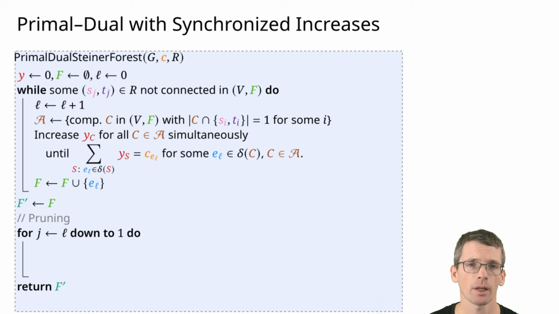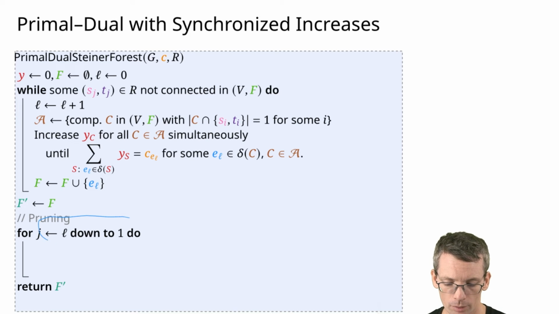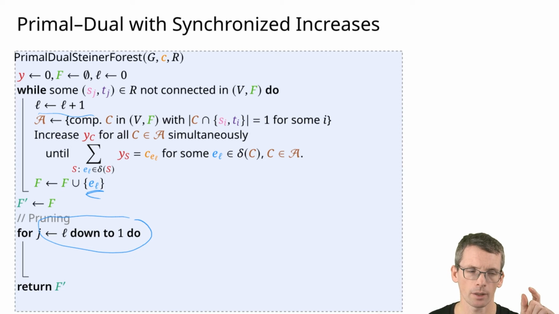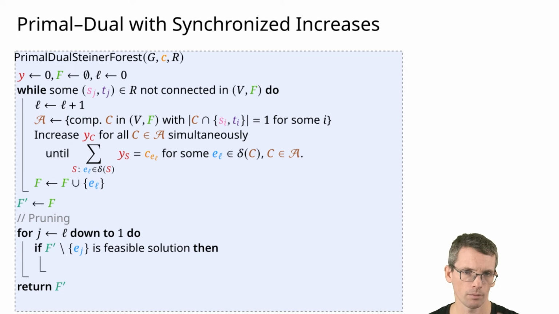What do I mean by that? So I go through all of the edges, and this was now why I also maintain this L, although strictly speaking, it wouldn't have been necessary. But in this way, I have numbered my edges. And now I go through the set of edges, and if removing an edge leaves the solution feasible, so keeps all of these pairs still connected, then I'm going to simply remove the edge.